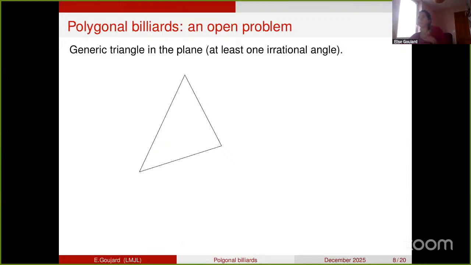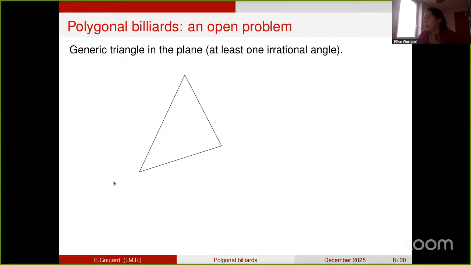Oh, sorry, I forgot to mention a number question in the field, just to say that things are not that easy. If you consider billiards with irrational angles, we know almost nothing. For instance, in a triangle, we don't know how to prove that there exists even one periodic trajectory.